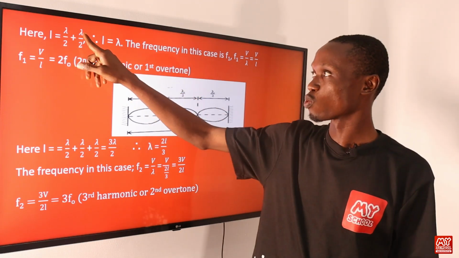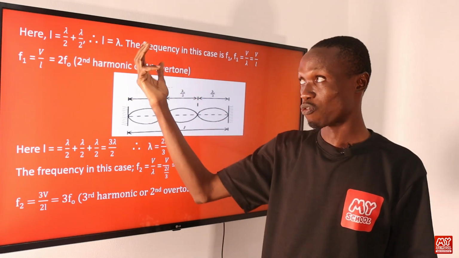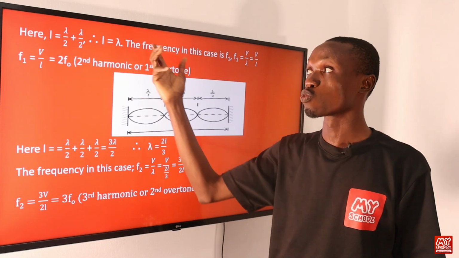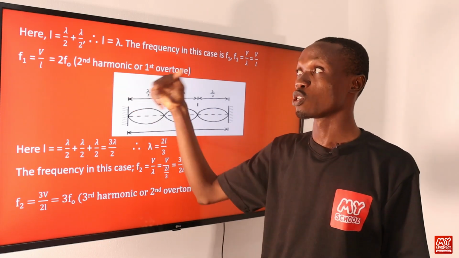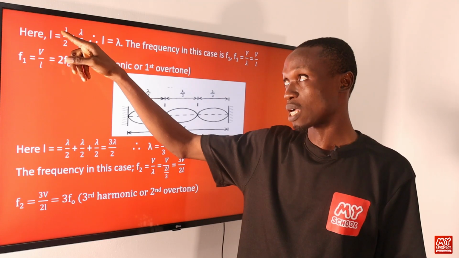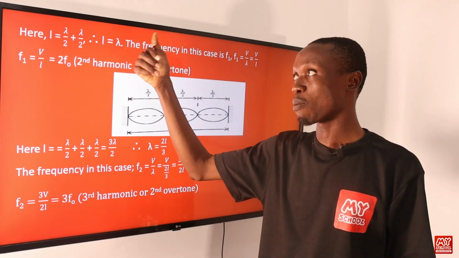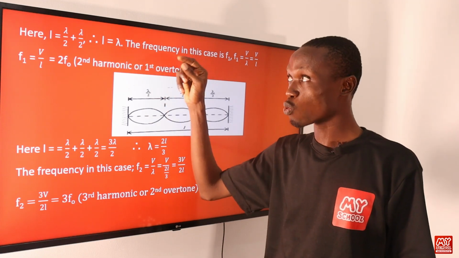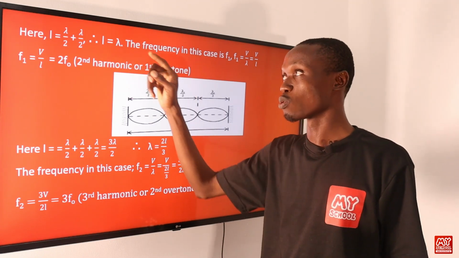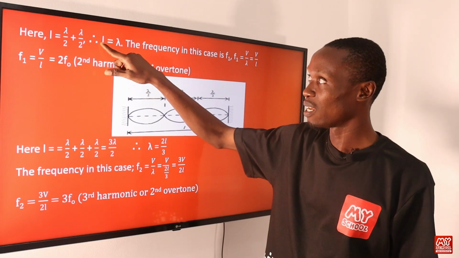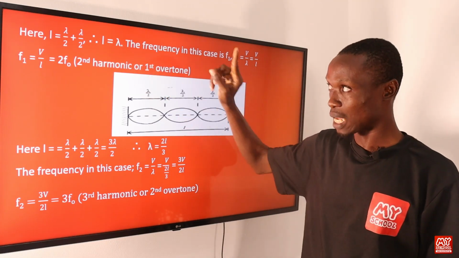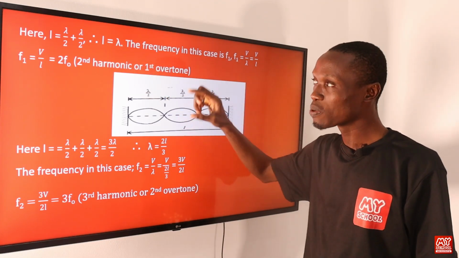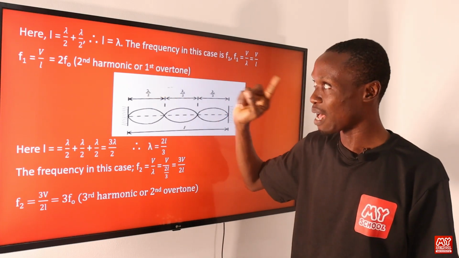If we add these two together, the LCM is 2, so we have 2 lambda divided by 2. The 2 cancels the 2, so that L is equal to lambda. In the case of two loops, L is equal to lambda, right?